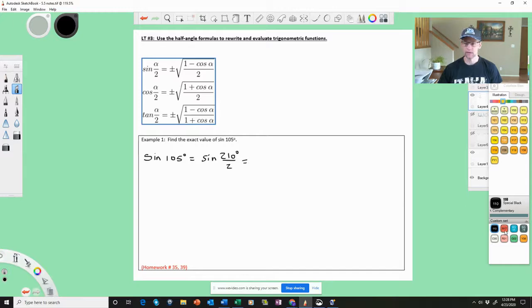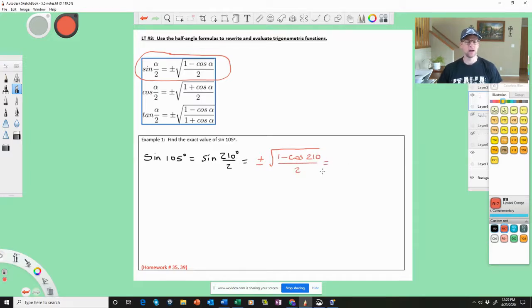And once we have it written that way, you can see that we can use this first half-angle formula to rewrite it. So we're going to rewrite it this way. This will equal plus or minus the square root of 1 minus the cosine of alpha, alpha being this number on top, so 210 in our case, divided by 2.